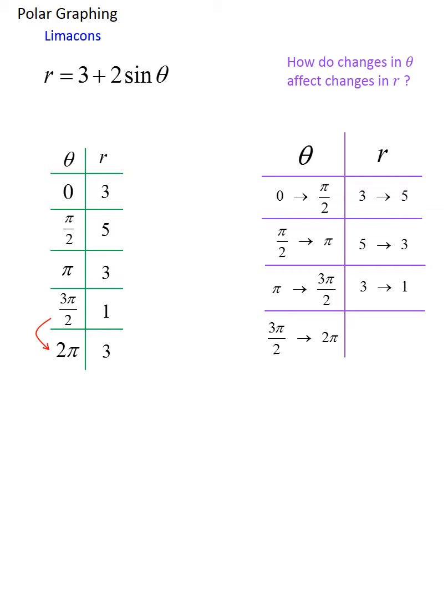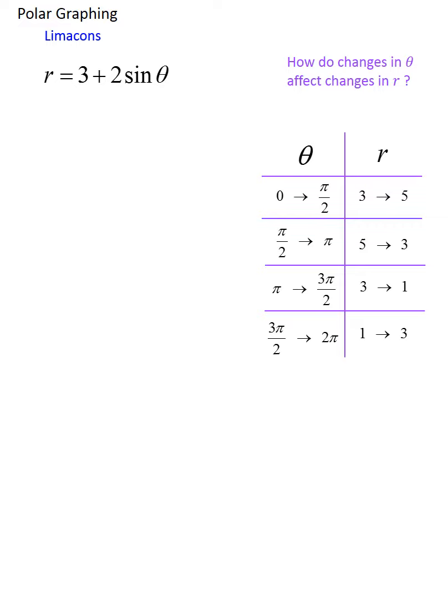And in quadrant 4, as theta goes from 3 pi over 2 to 2 pi, r is going from 1 to 3, which I will denote here. Okay, so now I've answered my first major question. What's happening to r in each quadrant? In other words, how are these changes in theta changing r?